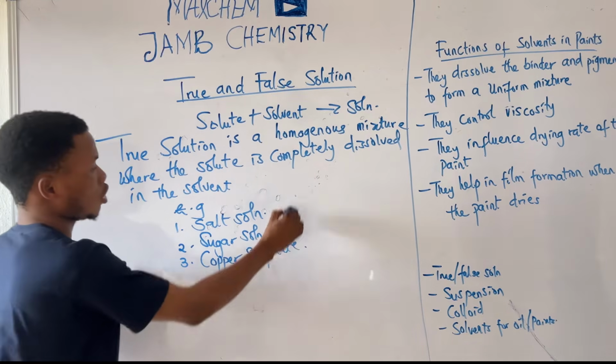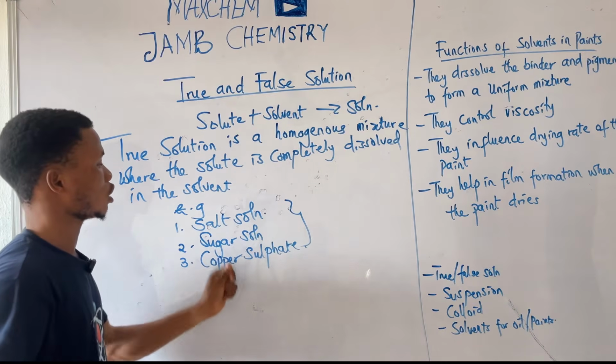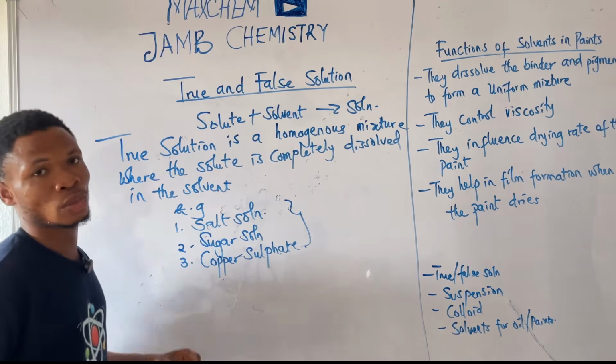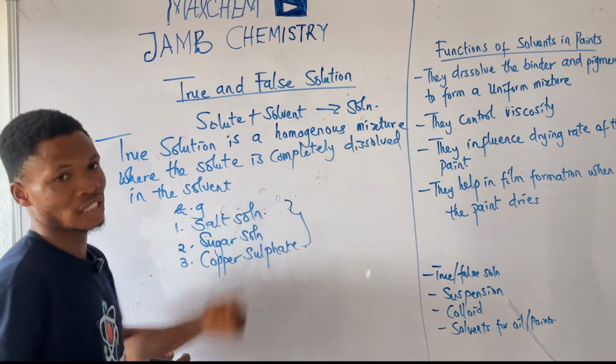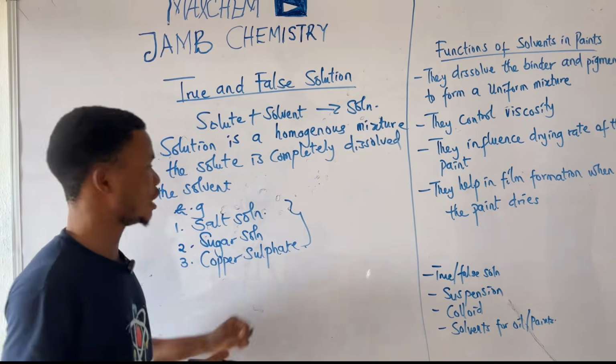When we mix these things in water, we will find out that the particles of this substance will be dissolved in our solvent, that is in water, completely without finding any trace of it.